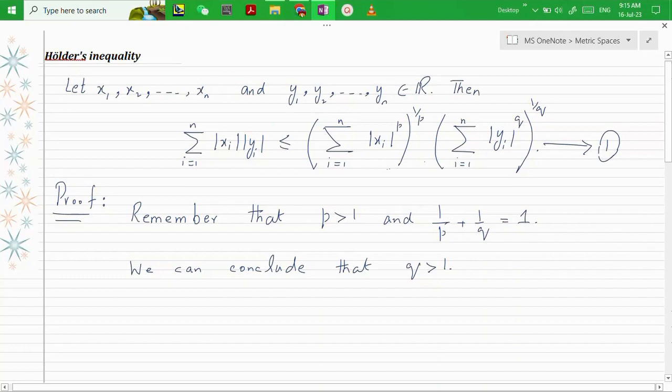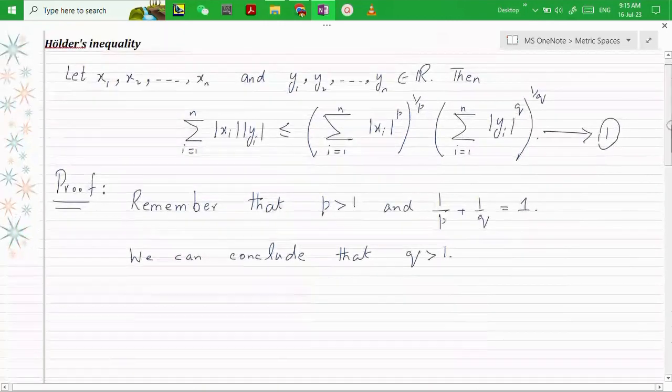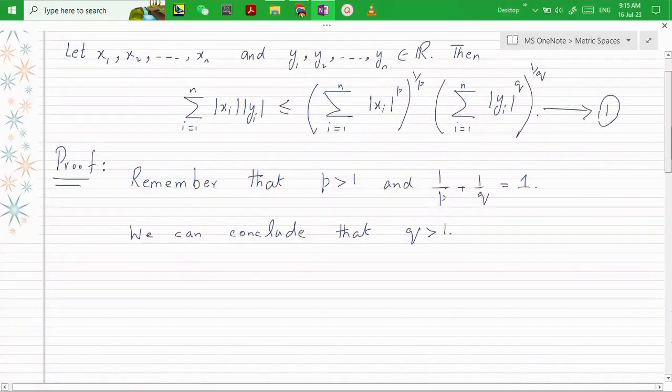So on the right hand side there are two possibilities.